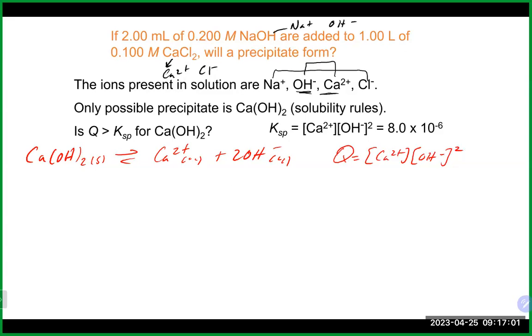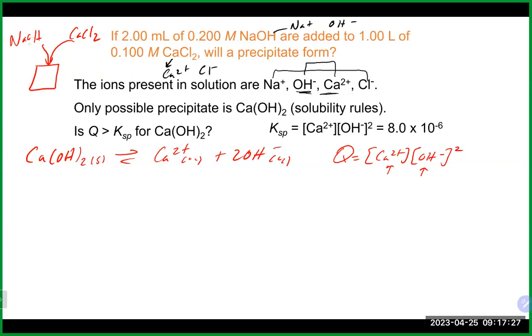The important part here is we do need the concentrations of these guys when they are mixed together. So we want to make sure that we have the proper concentrations. Clearly, we're going to take some sodium hydroxide and some calcium chloride and toss them together in a mixture. So their concentrations will change once they get together. So we got to get it in that mixture.